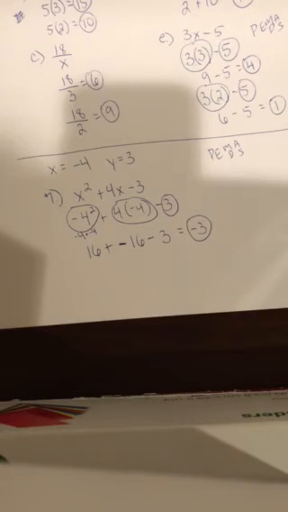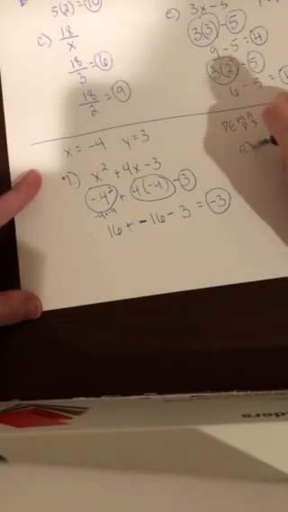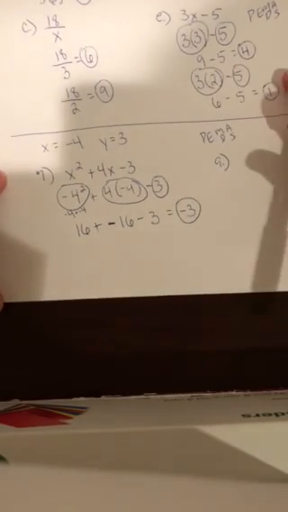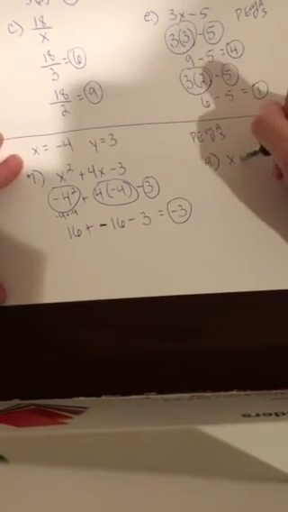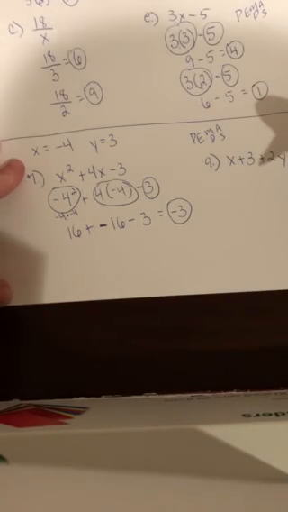Okay, I can do one with a y. I don't want to pick a super easy one. Let's do x plus 3 plus 2y, and that's number 9. x plus 3 plus 2y.